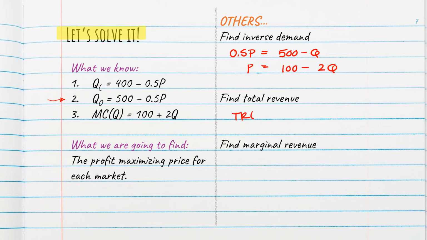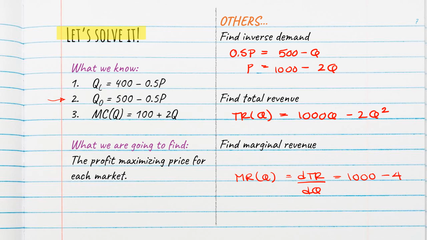To find total revenue, we multiply our P function by Q and we get 1,000Q minus 2Q squared. Finally, we can find marginal revenue by taking the derivative of total revenue with respect to Q. That's going to equal 1,000 minus 4Q.